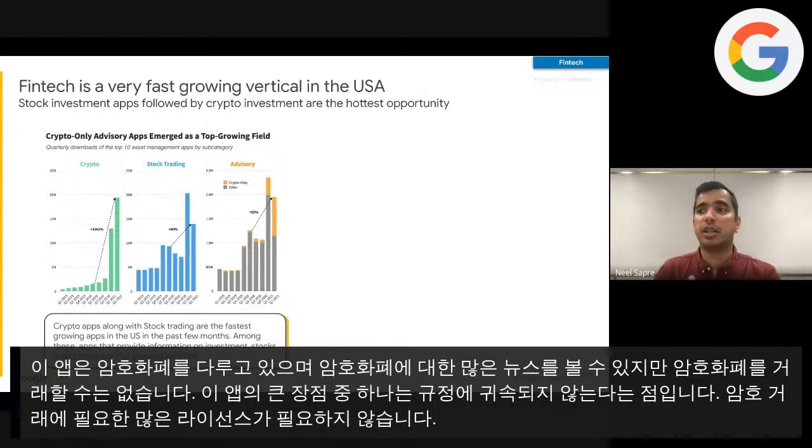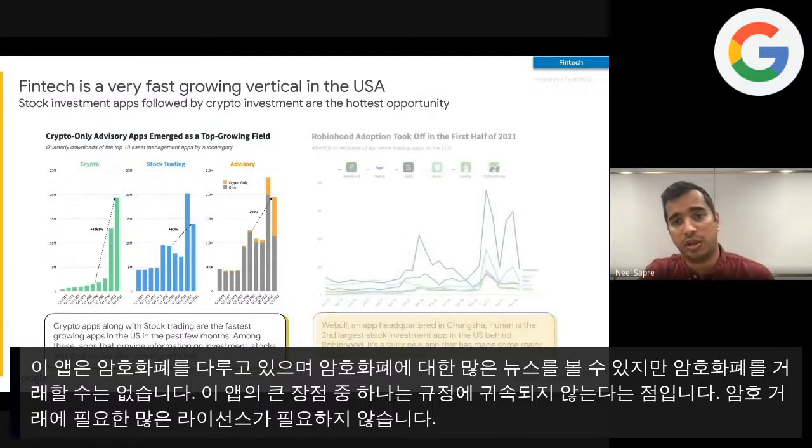One big advantage is regulatory barriers, because if you're not trading cryptos, all you're doing is just talking about the crypto market or cryptocurrencies. You do not require as many licenses as a traditional company would, where they're actually dealing with money, fiat currencies, or cryptocurrencies. So that's a very interesting trend within the crypto world.